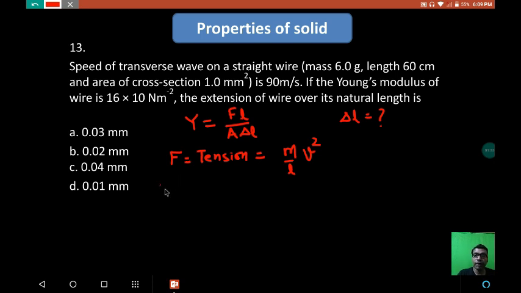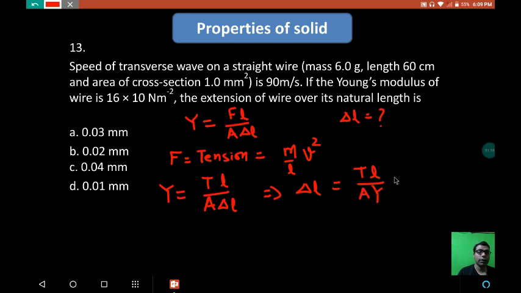Now we have to find this T, L, A and delta L. So delta L equals TL upon AY.